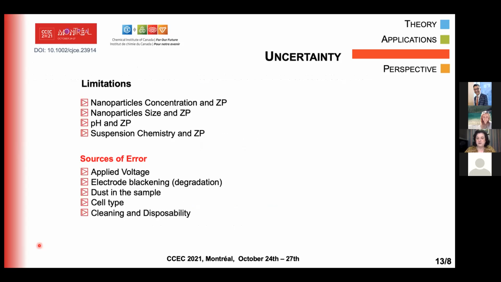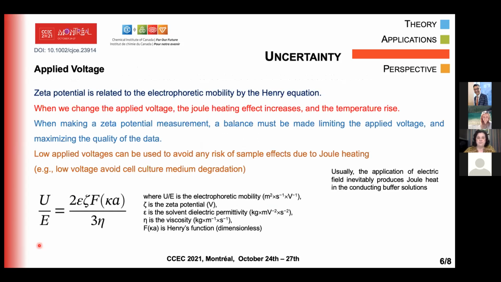In terms of sources of error, we can look at the applied voltage. Since zeta potential is related to electrophoretic mobility through the equations, every time we increase the applied voltage, as an effect we have an increase in the temperature at this point of the solution during the electrophoretic measurement.